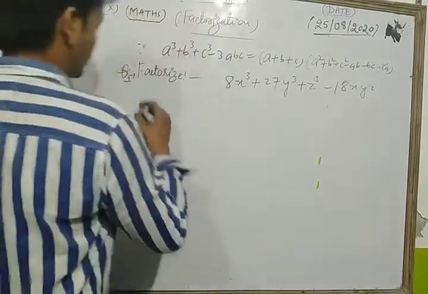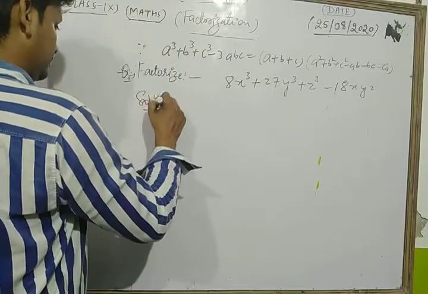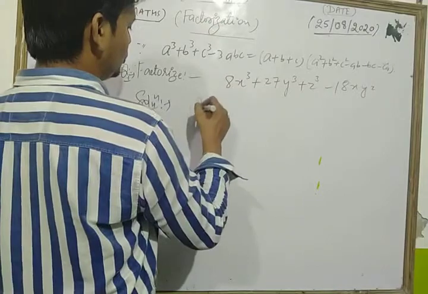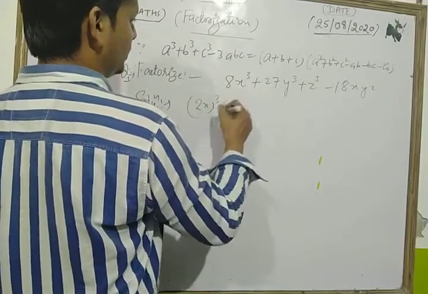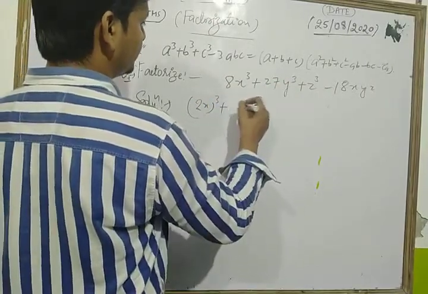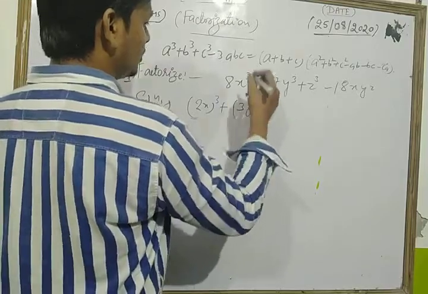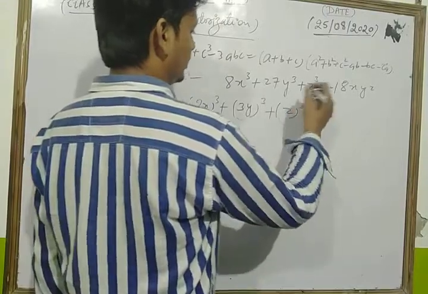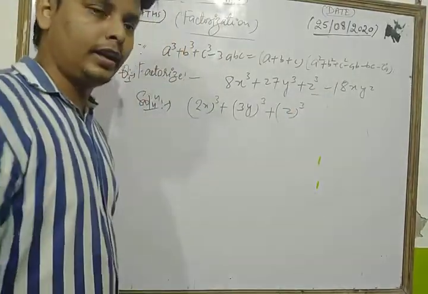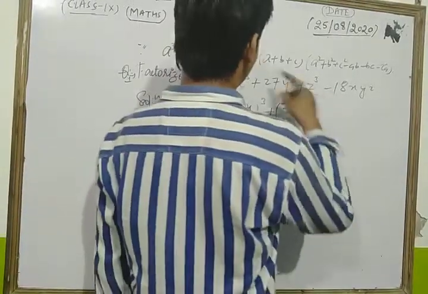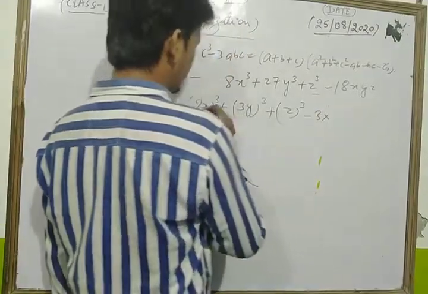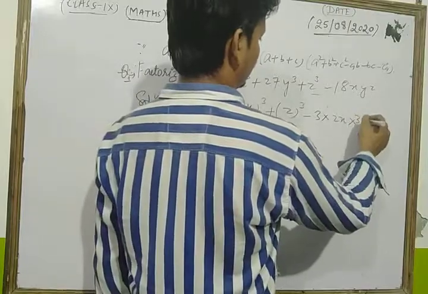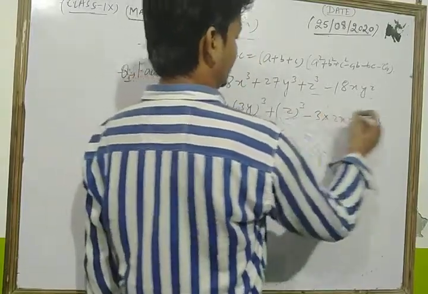Let's see its solution. First, dear students, we write 8x cube as 2x whole cube plus we write 27y cube as 3y whole cube. We write z cube as z cube. Now we write minus 3abc. A is 2x, b is 3y, c is z.